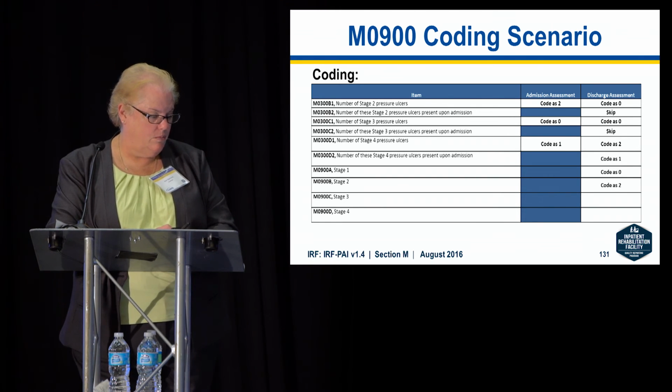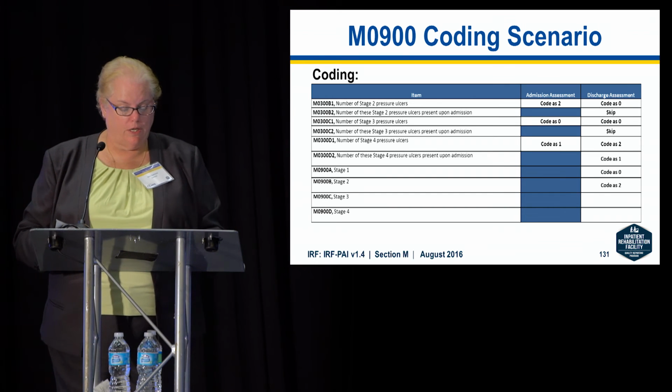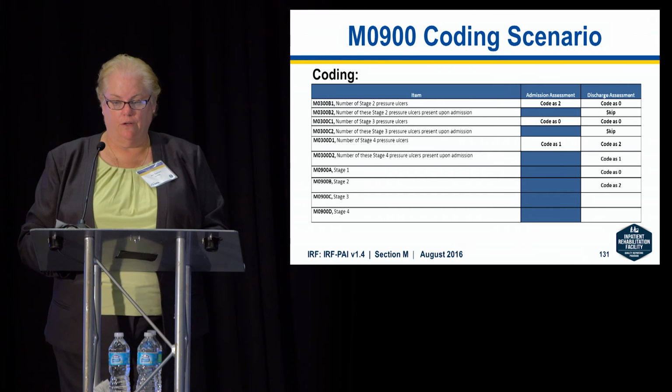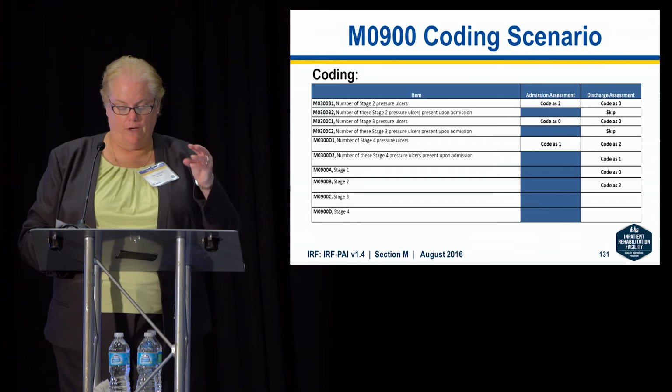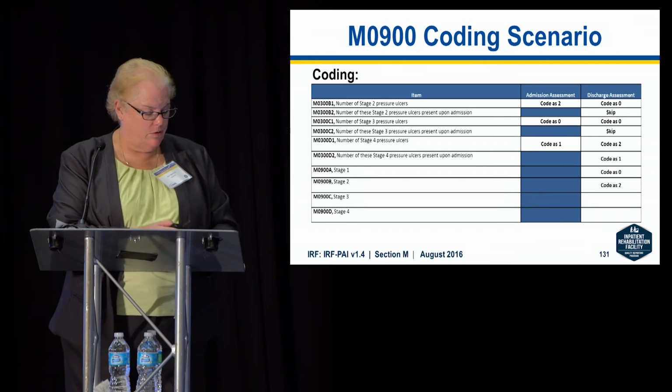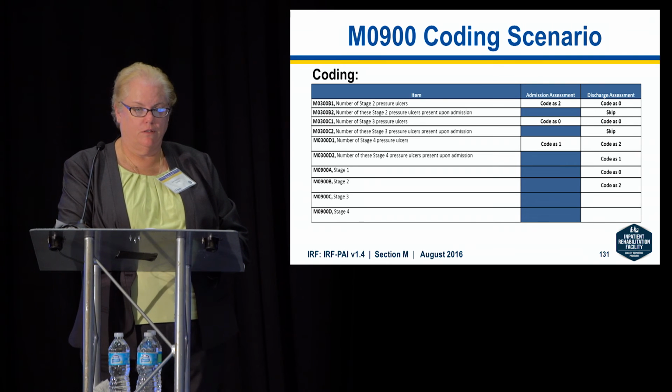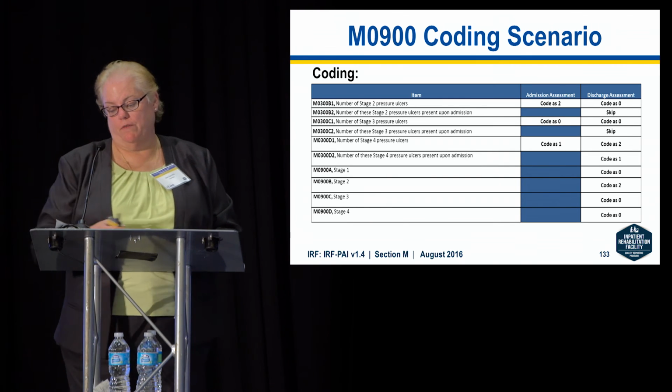Okay, this is looking at the number that have healed, right? So we have 2 stage 2s that healed, remember with the coding, because we've kind of scrunched these all together. How about stage 3s? Right, 0. And then how about stage 4?